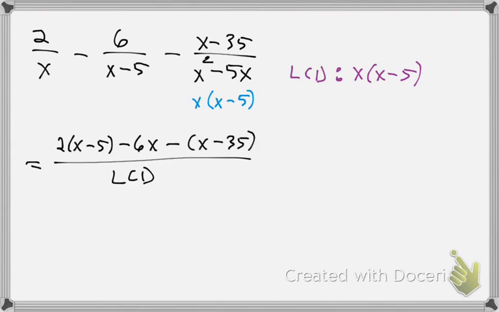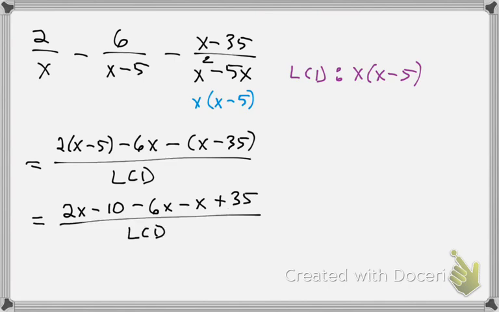Of course, note that negative applied to the whole fraction, therefore the negative applies to that whole numerator still. So parentheses. Are you guys on board? So if we multiply out 2x minus 10 minus 6x minus x plus 35 over the LCD. You guys agree?